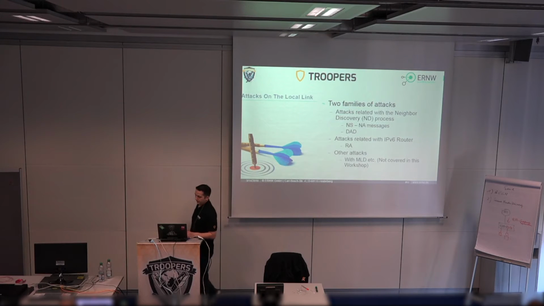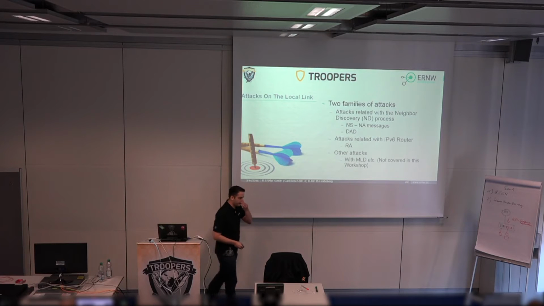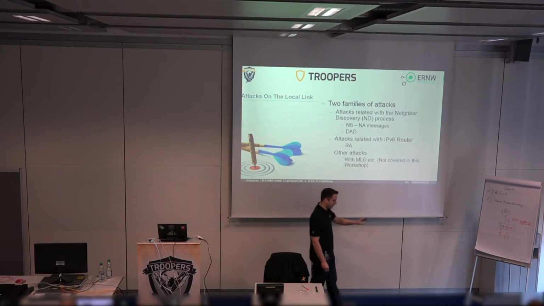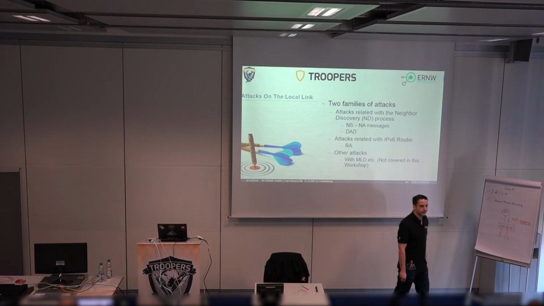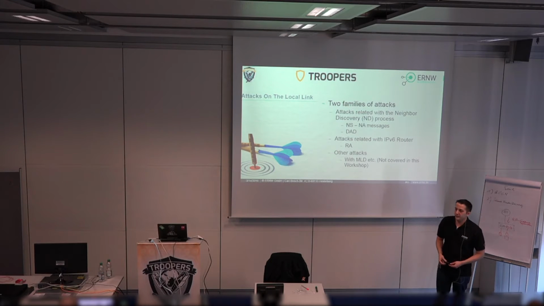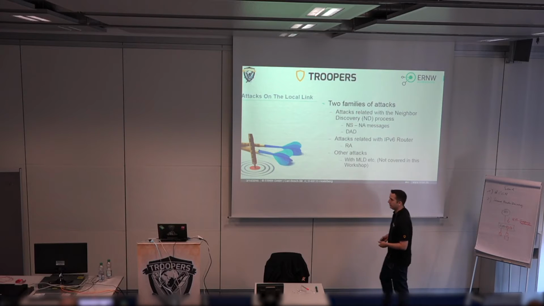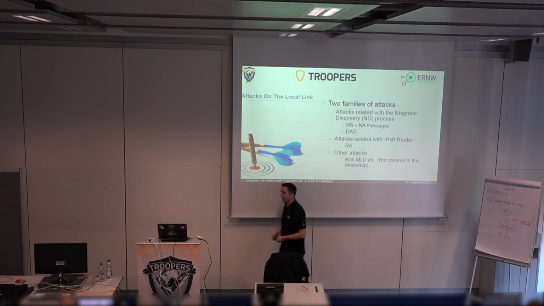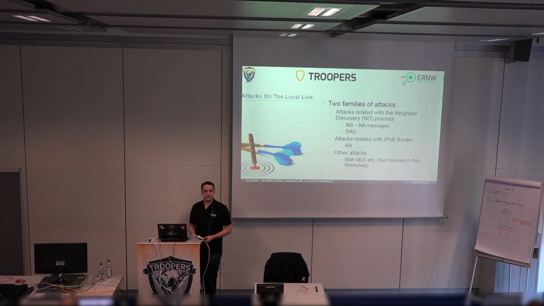And of course, you can interfere with the duplicate address detection, like you mentioned or asked before. When the client is sending the packet to do the duplicate address detection, what happens when I just answer to it? Well, he tries to configure a new address, and at some point the operating system will just stop configuring a new address, and then from an IPv6 point of view, it's just a denial of service.